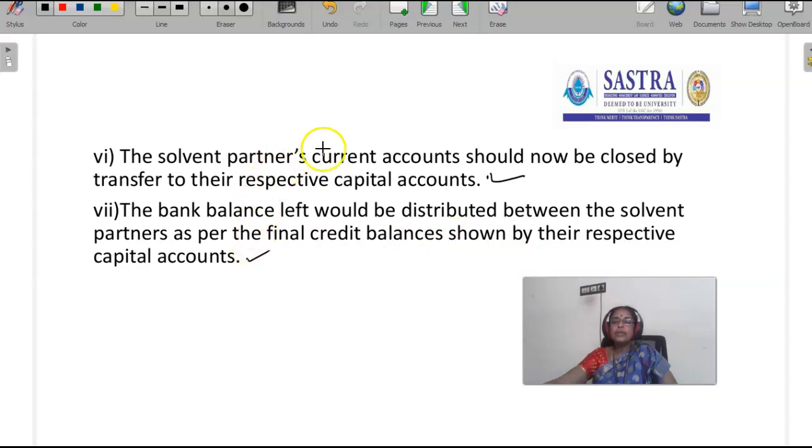These are all the accounting procedures we have to follow when the firm uses the fixed capital method.